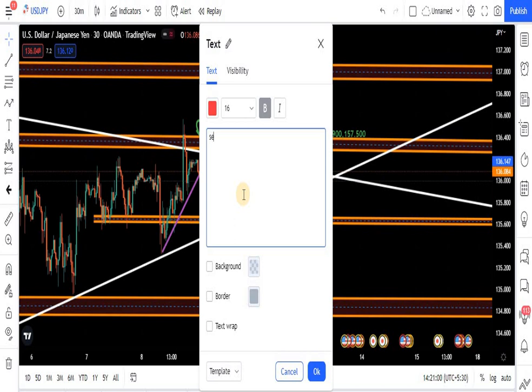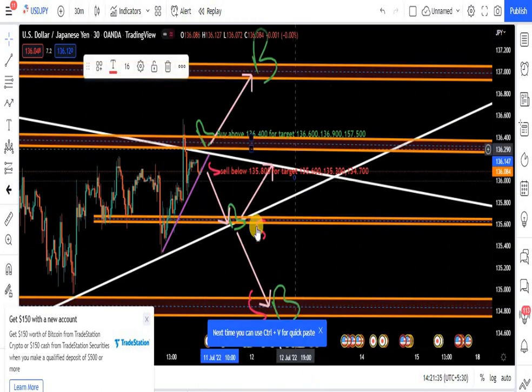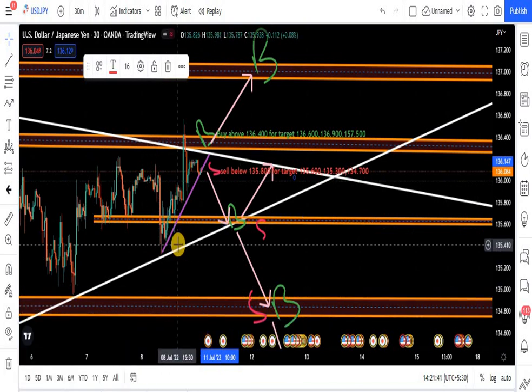Sell below 135.800, for targets 135.600, 135.300 or 134.700. These are the three areas and levels for next week. So that is the analysis for next week.